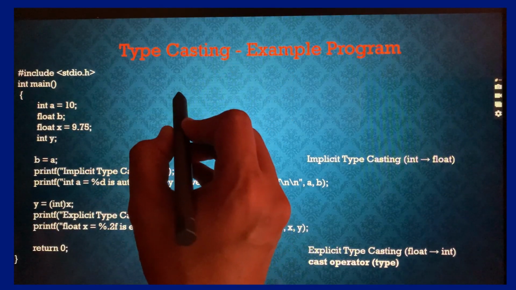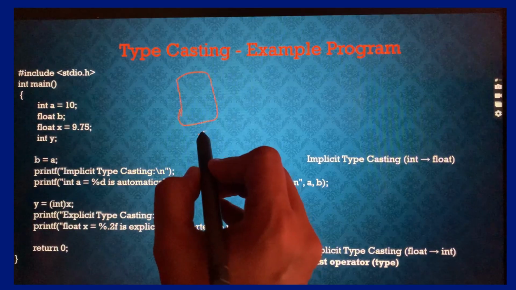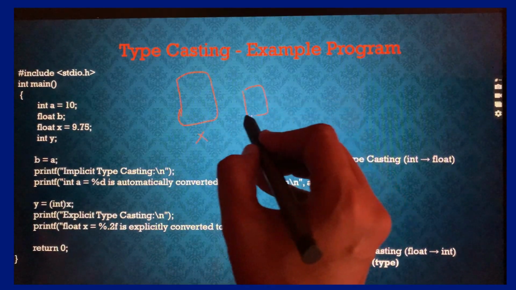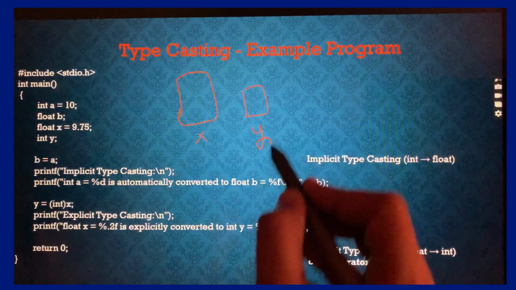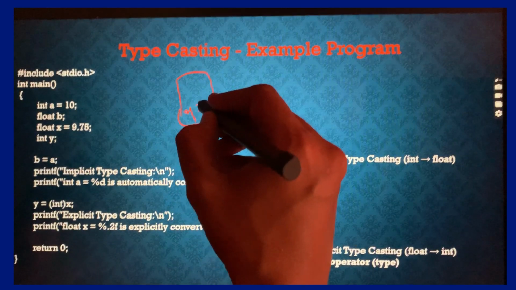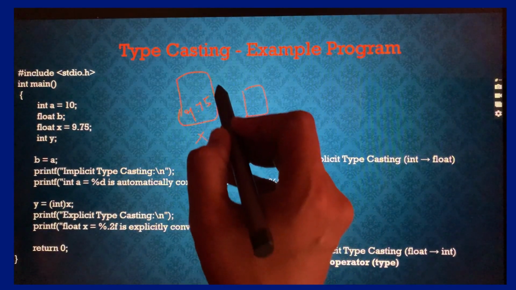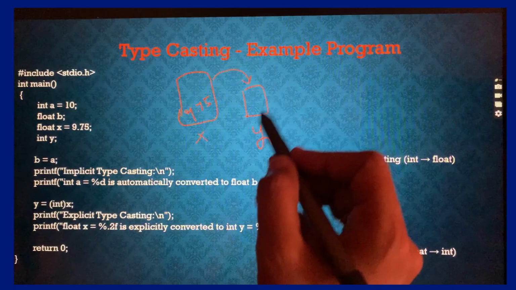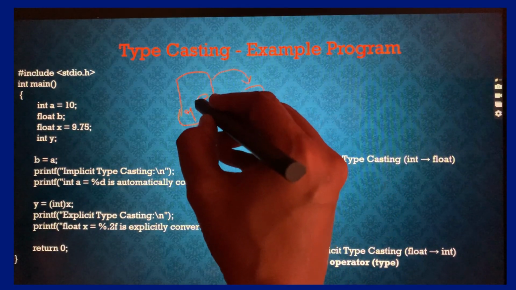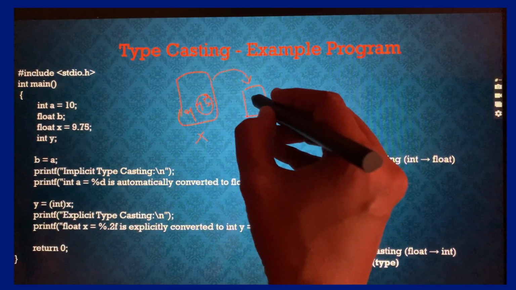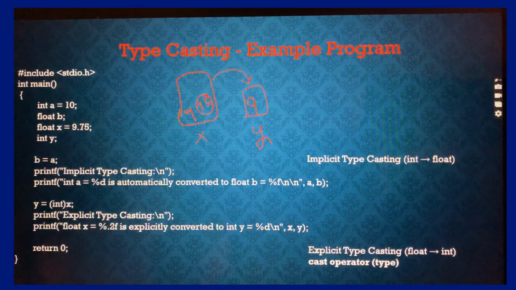So here this is my floating point variable x and this is my integer variable y. So it is holding 9.75 and now I'm trying to store this bigger value into a smaller variable. So what happens? The decimal part will get truncated and only the integer part will get stored in the integer variable y.